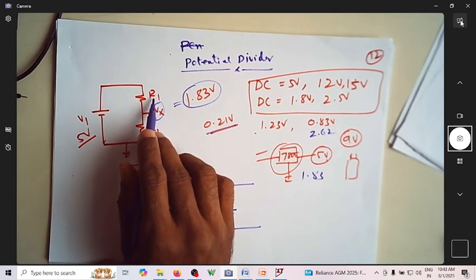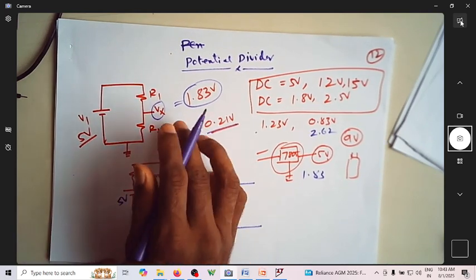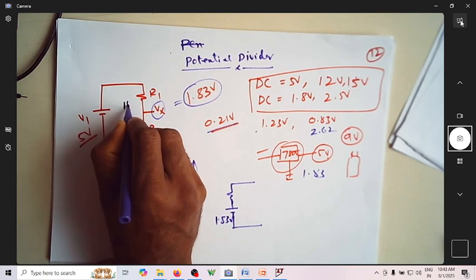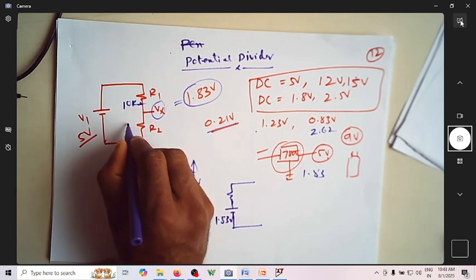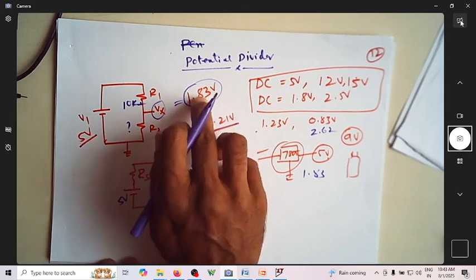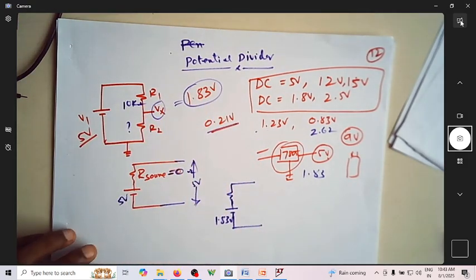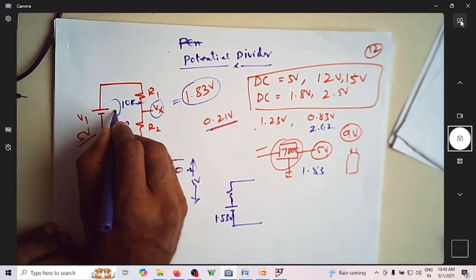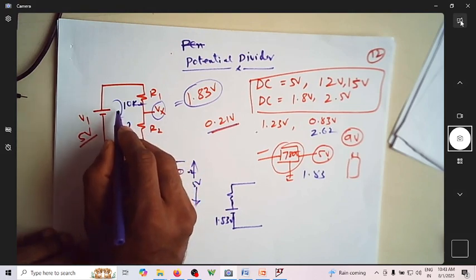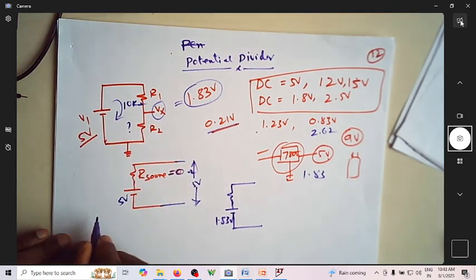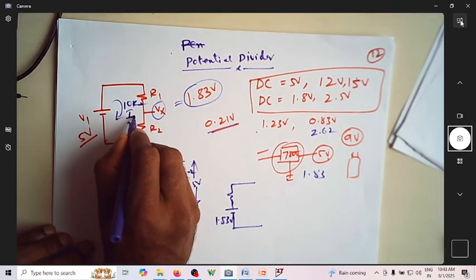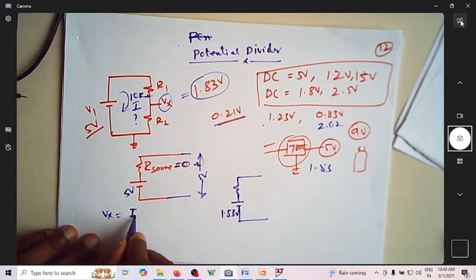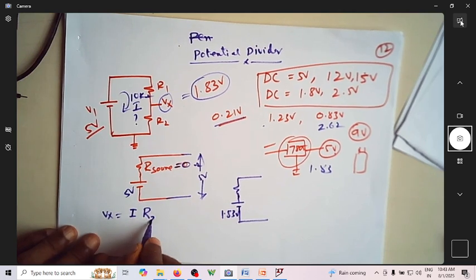We can decide the values of R1 and R2 because we are looking at 1.83 volts. Let me assume R1 as 10 kilo ohm. I need to find the value of R2 so that this voltage is 1.83. From this circuit we can write an expression for Vx by considering a loop current of I. Vx is given by the current flowing through R2 multiplied by the resistance R2.